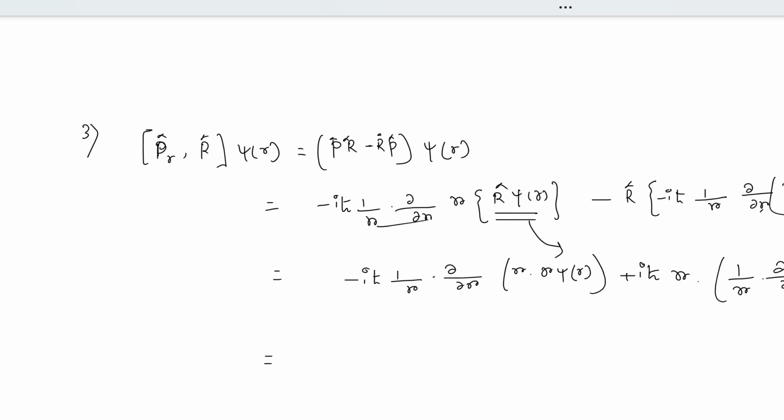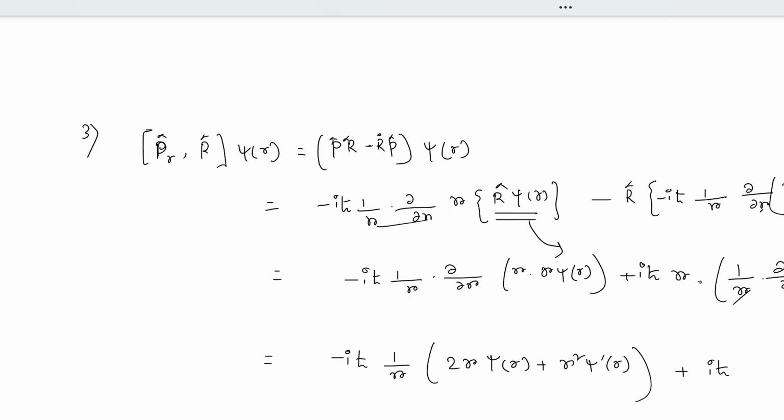R psi R. Okay, so then this is equal to minus iħ 1/R square psi R makes it 2R psi R plus R square psi prime R, plus iħ.